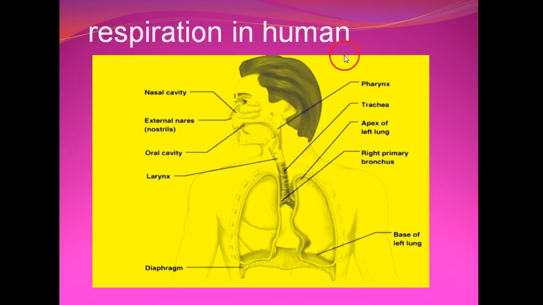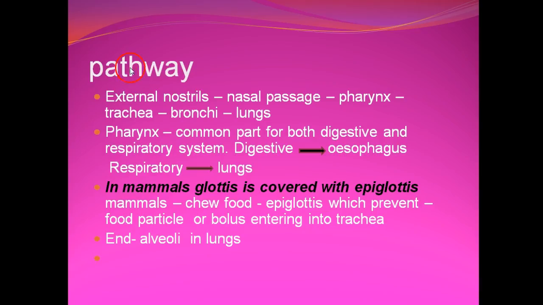Next, respiration in humans. The pathway of respiration: first the external nostrils, then the nasal passage, then the pharynx, trachea, bronchi and lungs. The pharynx is the common part for the digestive and respiratory systems. In the digestive system, it leads to the oesophagus. In the respiratory system, it leads to the lungs.